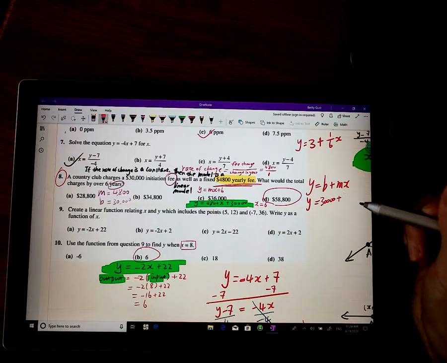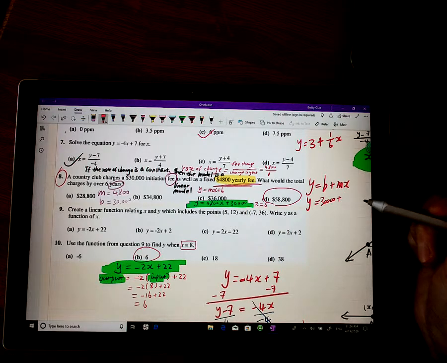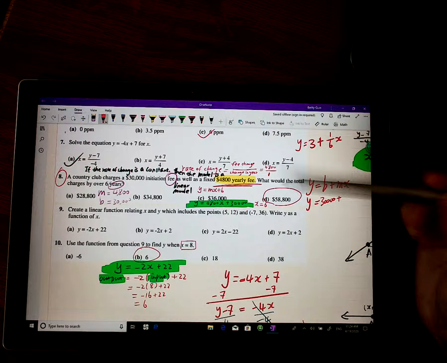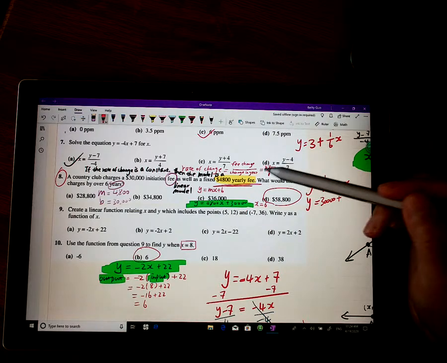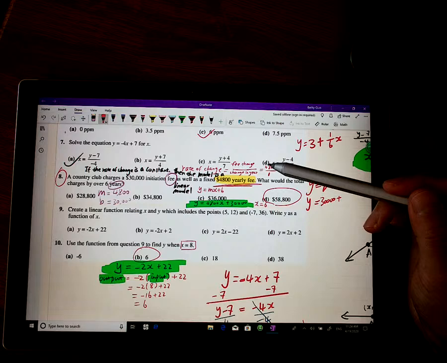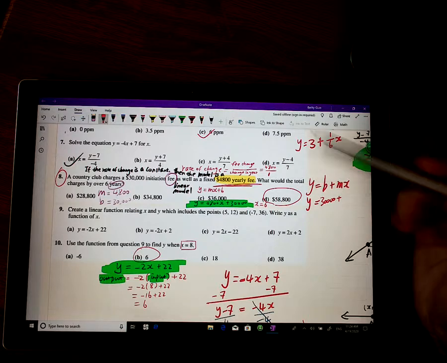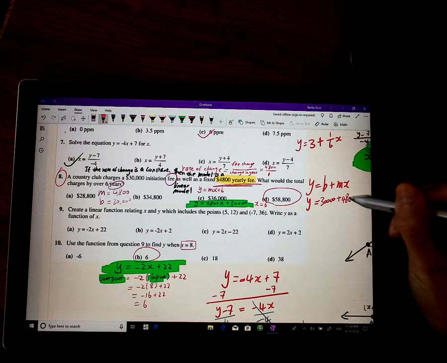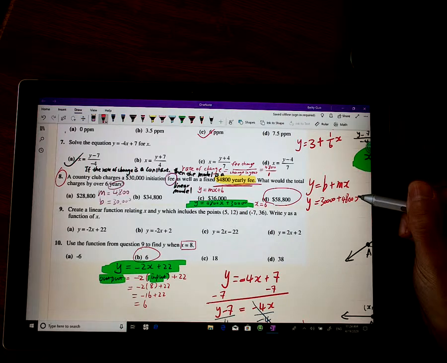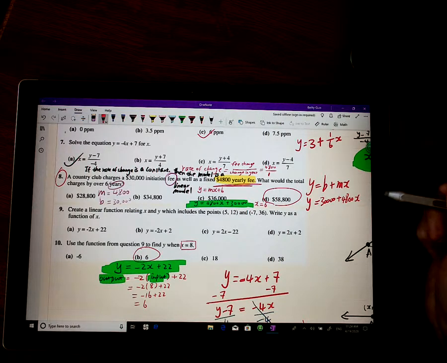And the slope is the rate of change, remember. The change in the fee over the change in the year. Every year, you have to pay 4,800 more. So the rate of change or the slope is 4,800, times x. Okay, so that's the linear modeling formula.